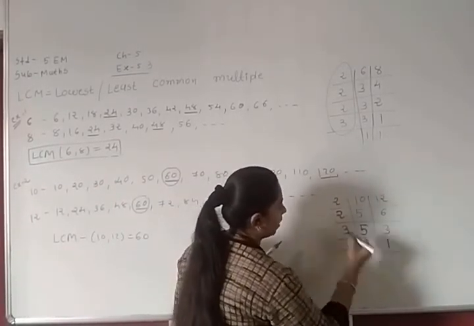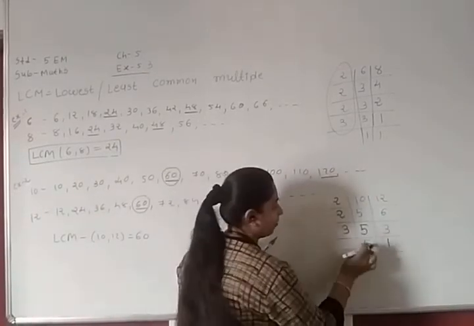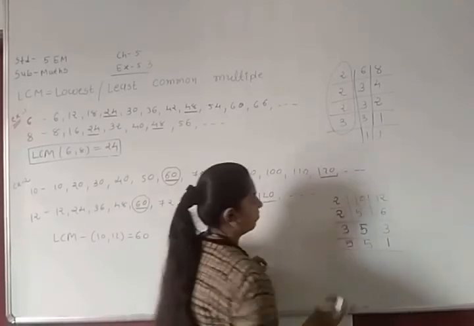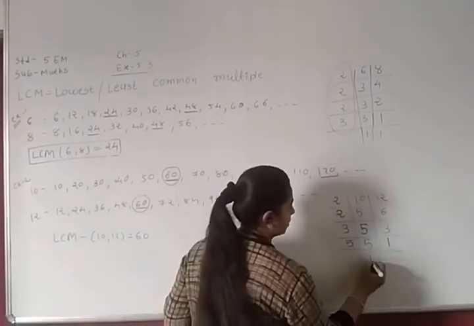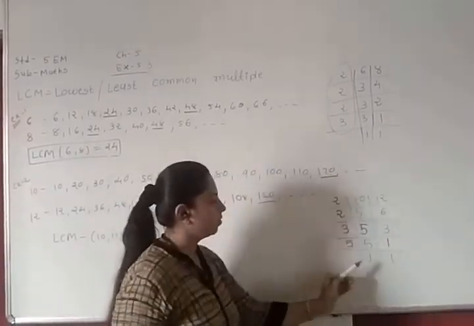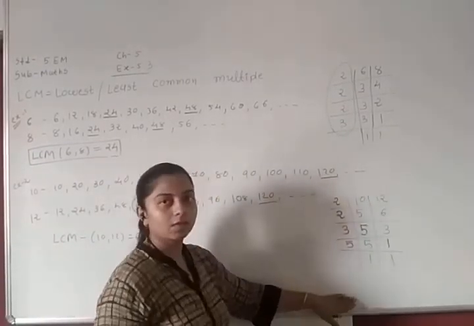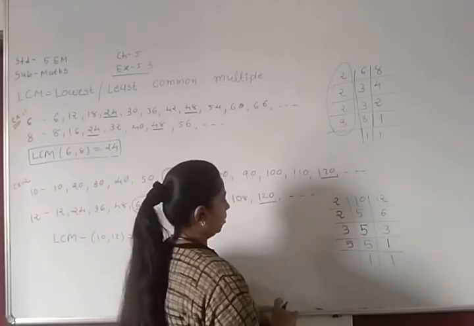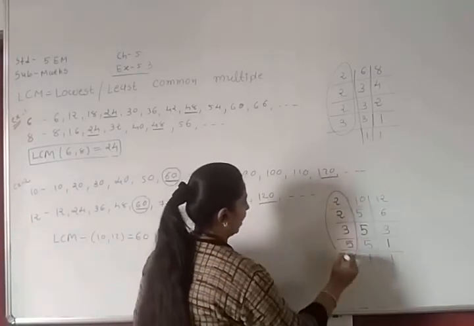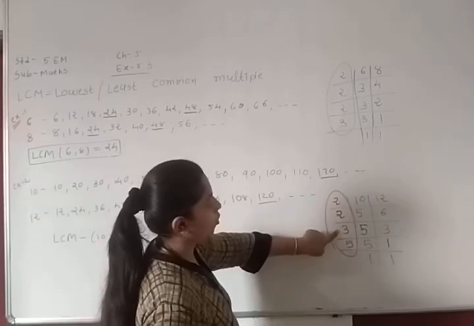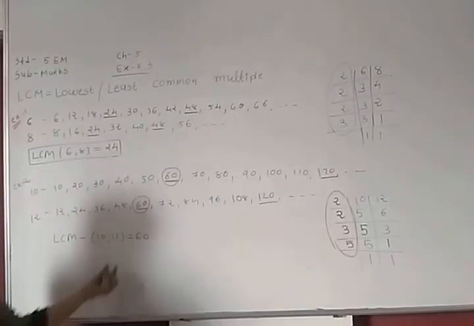Which table will 5 come in? 5's. So 5 1s are 5. Now both have 1. It means factors over. Clear? So when you will multiply this, you will get the direct answer. 2 into 2 is 4, 4 into 3 is 12, and 12 5s are 60. We got the answer directly.